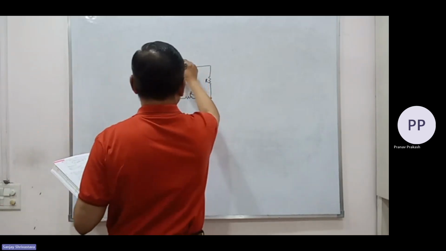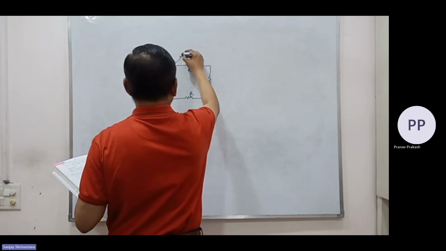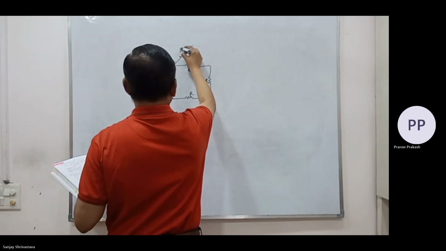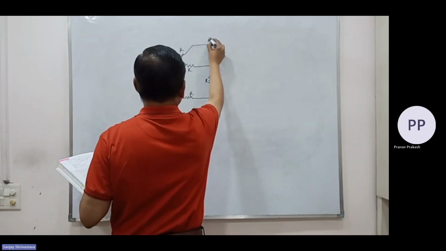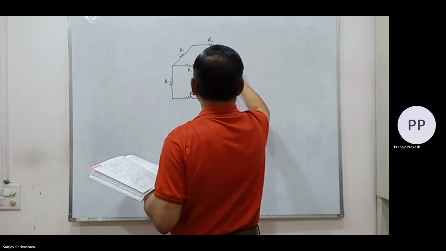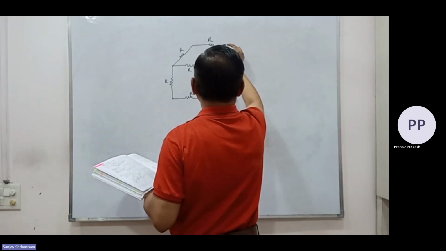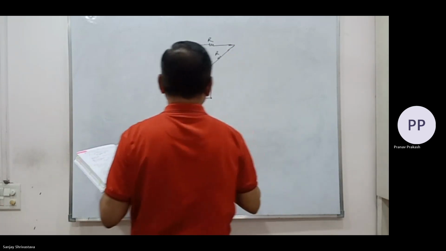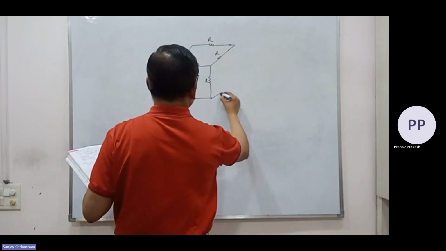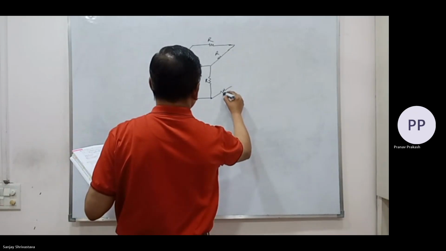Two vectors, here also there is a resistor. This arm also has the resistance.